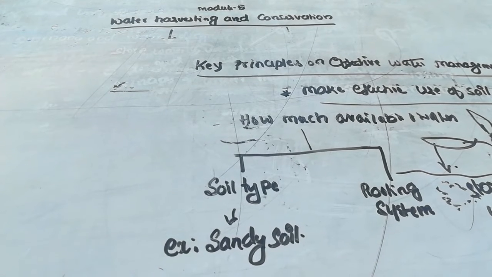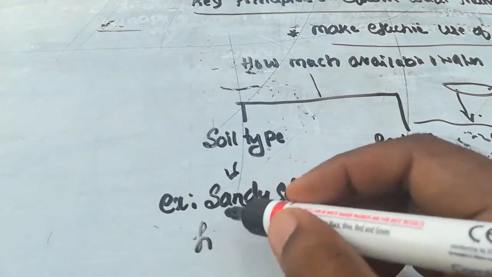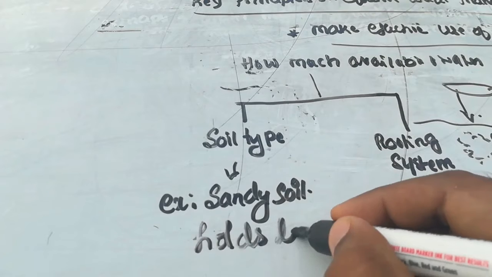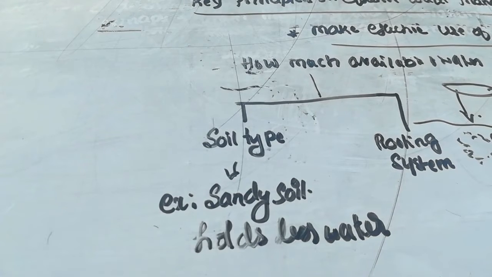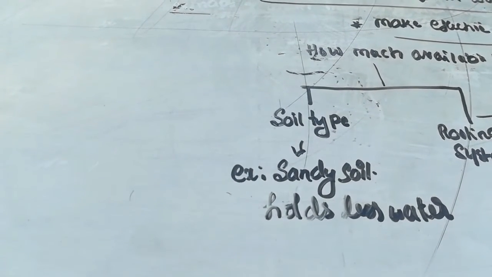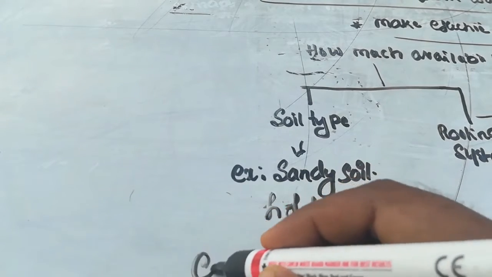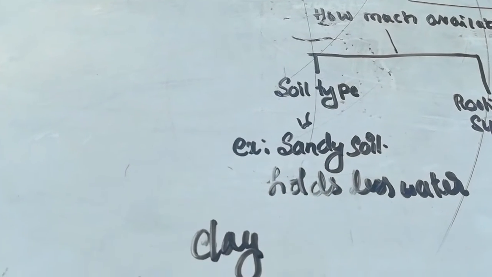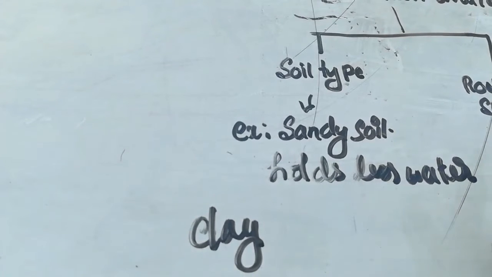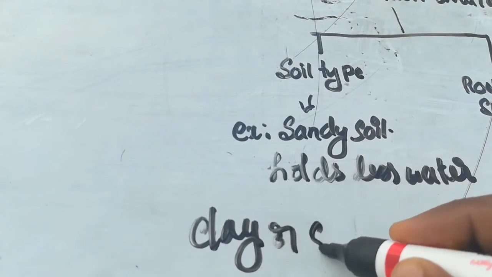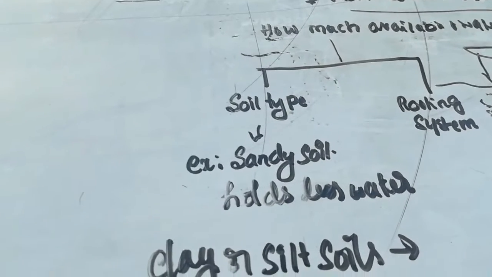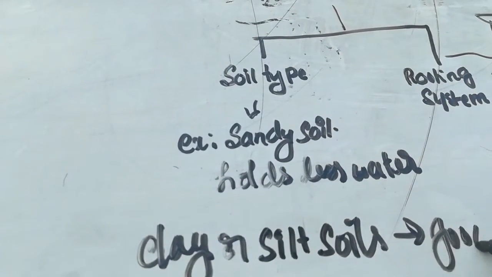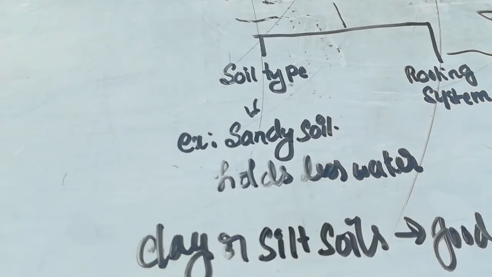Sandy soil holds less water, and clay or silt soil holds a good quantity of water.